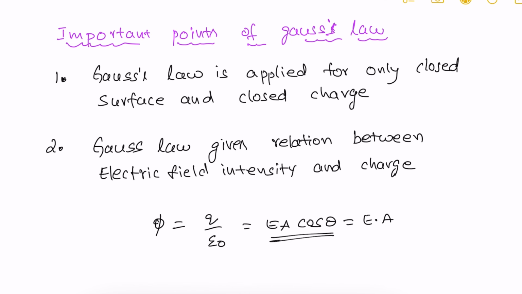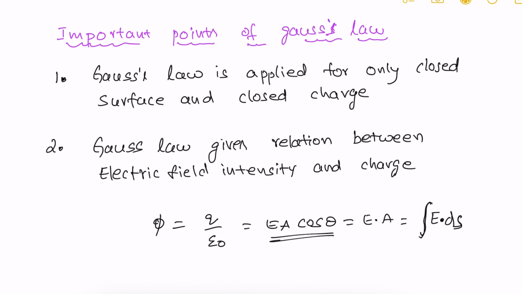Okay, suppose field lines are irregular, then you use the mathematical concept, that is calculus. So here total means we get the integration. Integration is nothing but total. For what? Electric field lines through area, that is E dot ds.